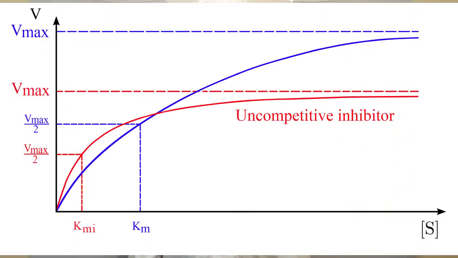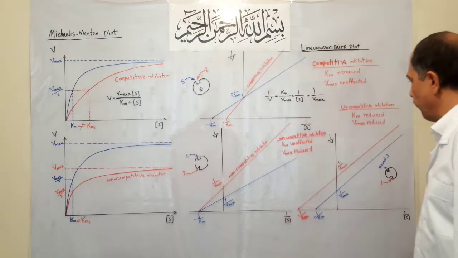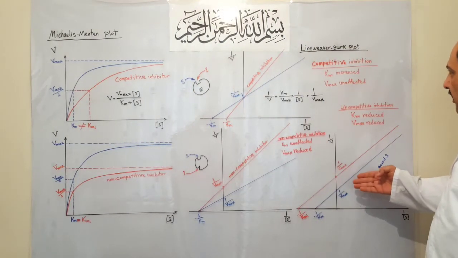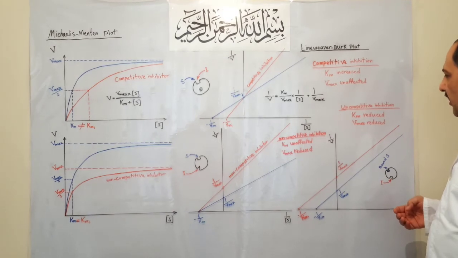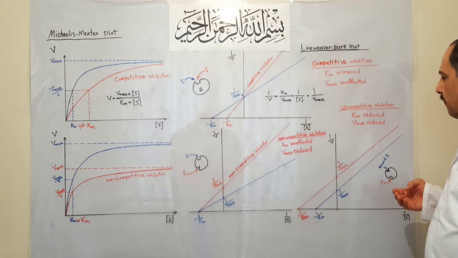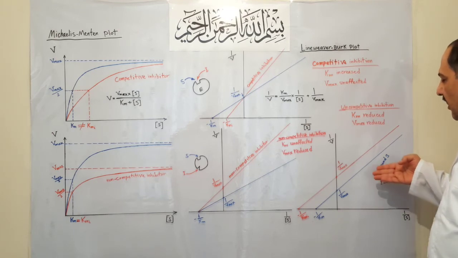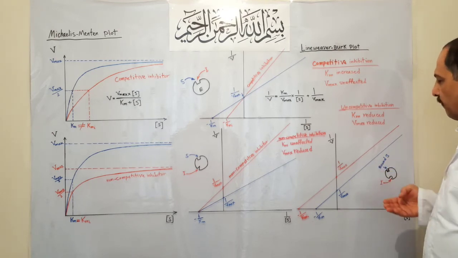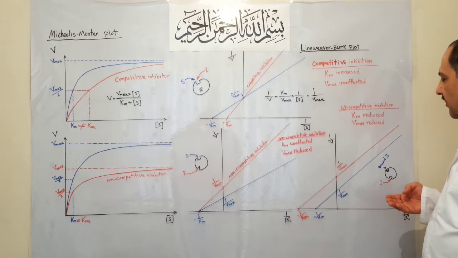As you see, the Km is reduced and also Vmax is reduced. Please pay attention to Lineweaver-Burk plot of this type of inhibition. The red line represents the enzymatic reaction rate in presence of an uncompetitive inhibitor, and blue line represents the enzymatic reaction rate in absence of the inhibitor.